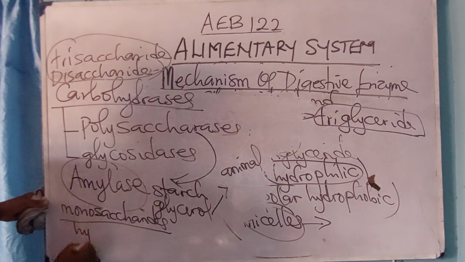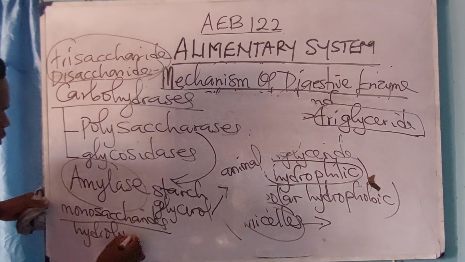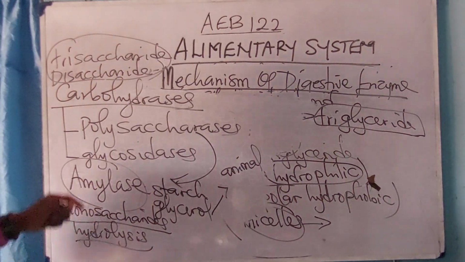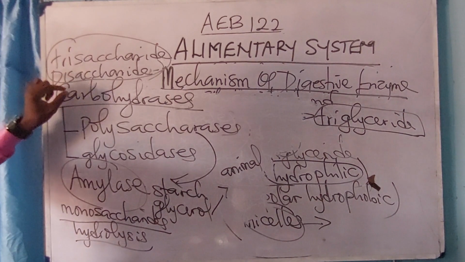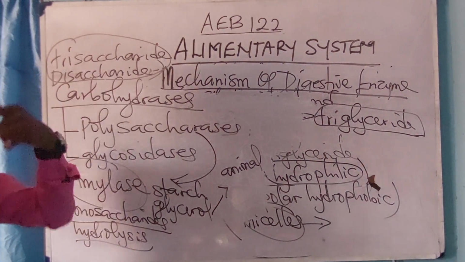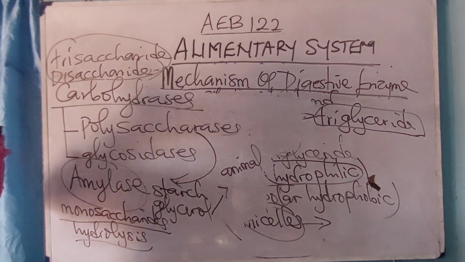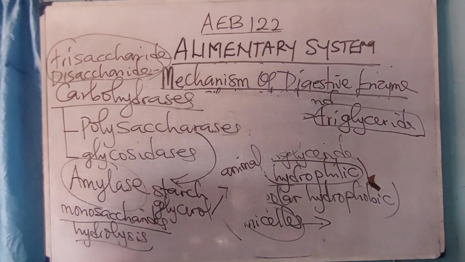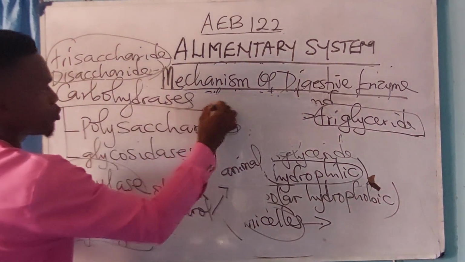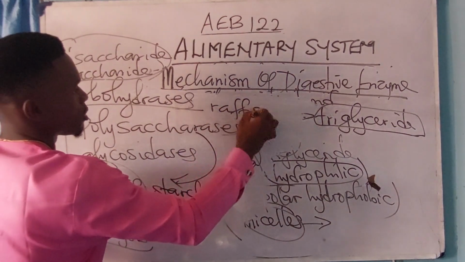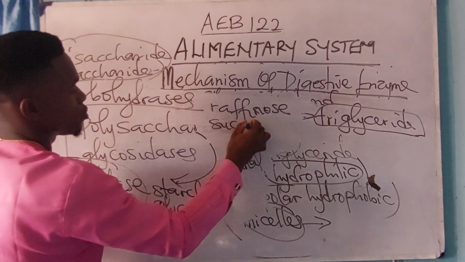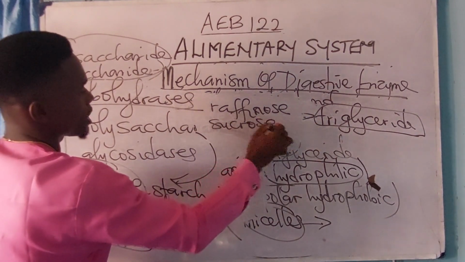Through what? Hydrolysis. Hydrolysis is the opposite form of what? Condensation. I said that this trisaccharide, disaccharide, and other carbohydrates are converted into another trisaccharide or what? Monosaccharide, called raffinose in plants, and sucrose in what?